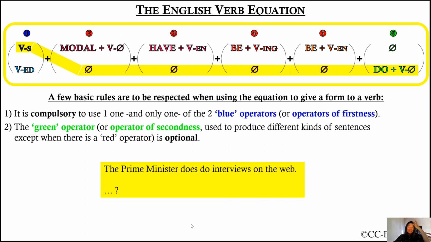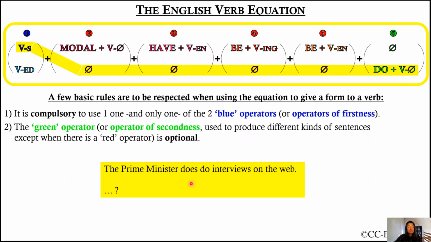So for instance, we could have the Prime Minister does do interviews on the web. So this is not a positive declarative sentence, because it does use operator do plus V0, which never appears in a positive declarative sentence, in the basic sentence, but which is used to create all the other types of sentences.